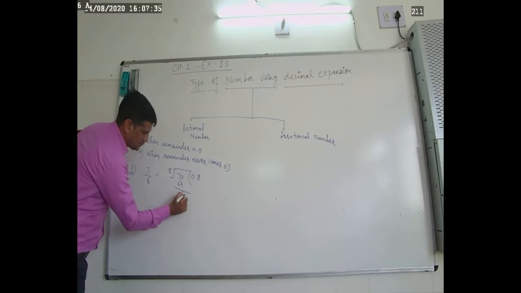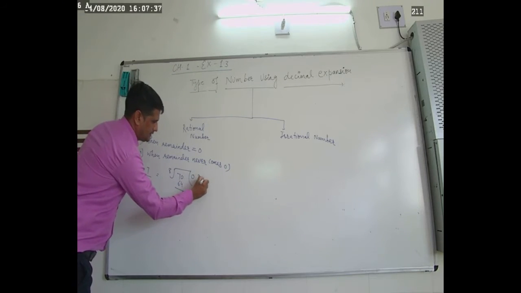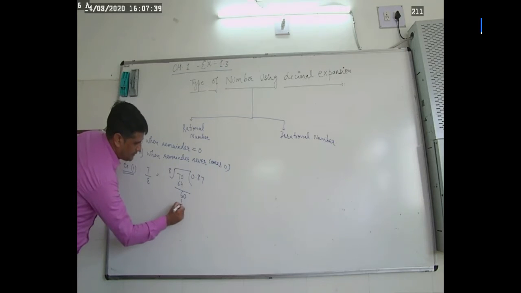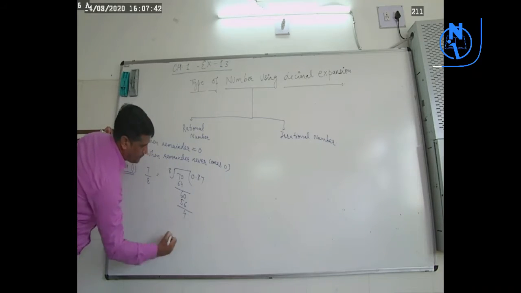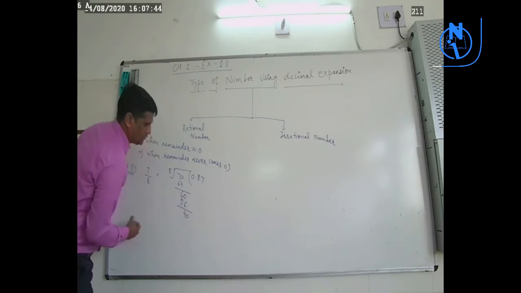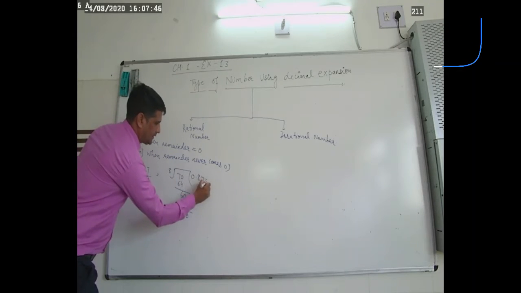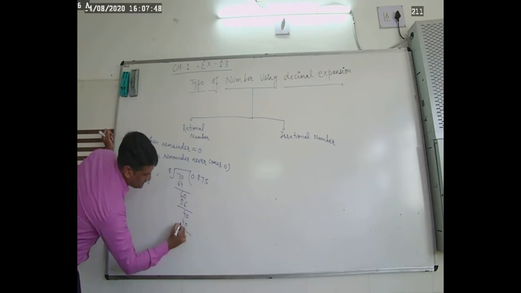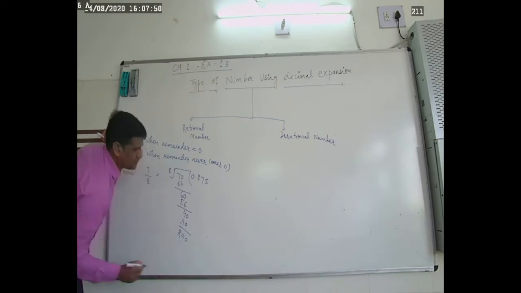Again not divisible, put 0. 8 7s are 56. Then 4 not divisible, I will put 0. 8 5s are 40. So here the remainder is coming 0.